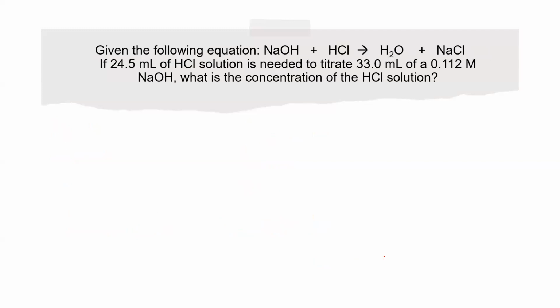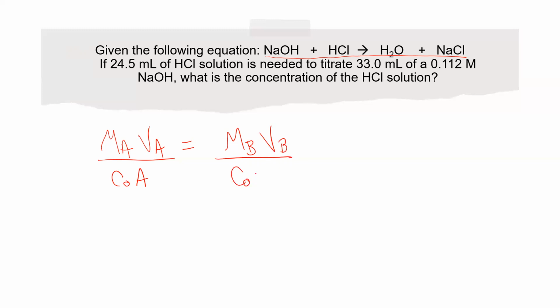All right, the last example here, we have an equation. So I'm going to show you a different format of the same equation that you can use to solve. You can kind of pick which one you find more straightforward. So another way that you can write this equation is dividing it by the coefficient of the acid and dividing this by the coefficient of the base.